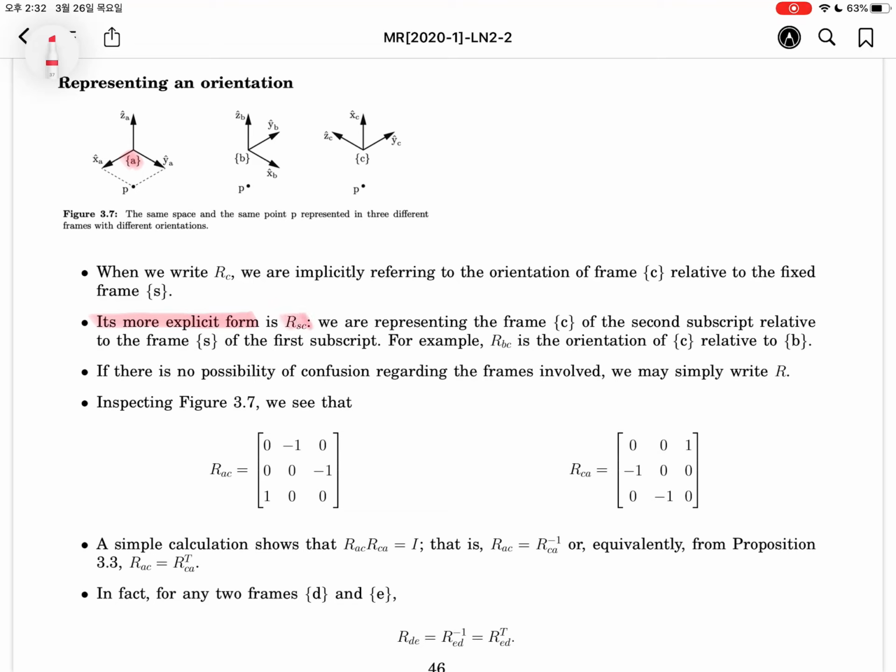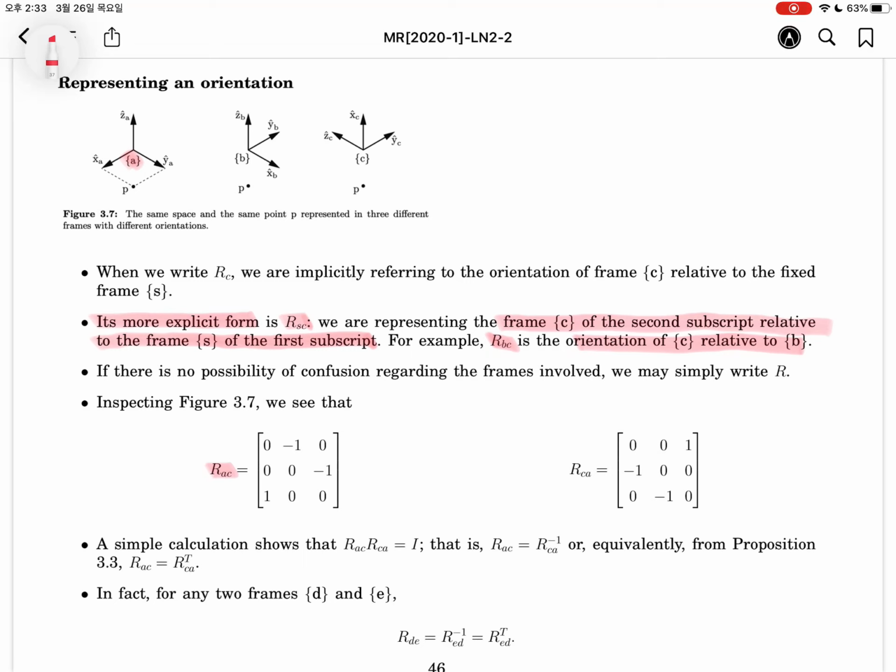It denotes the frame C, the second subscript, relative to S, the first subscript. For example, RBC is the orientation of C relative to B. Let's denote RAC, the orientation of C relative to A.